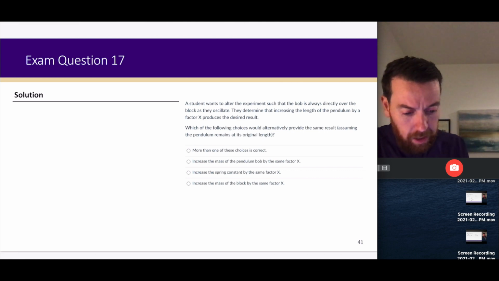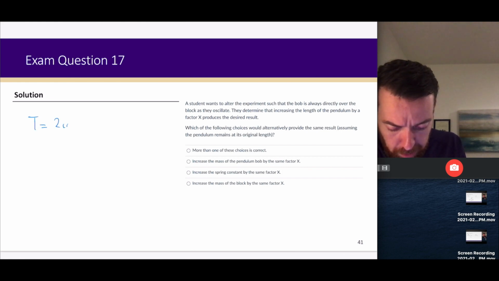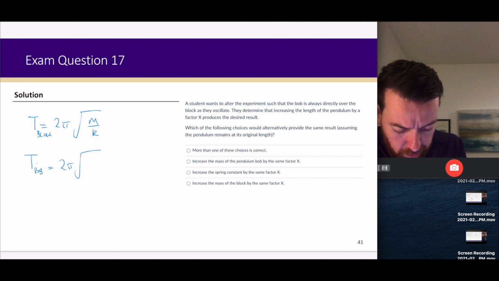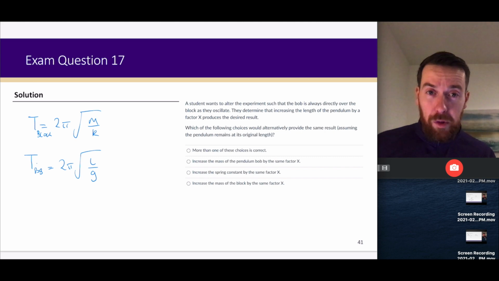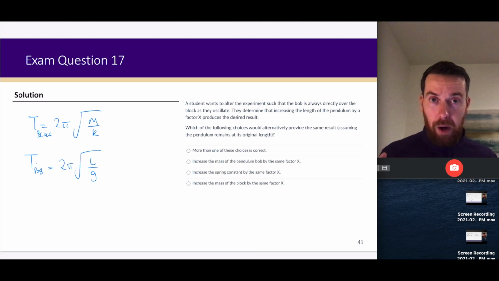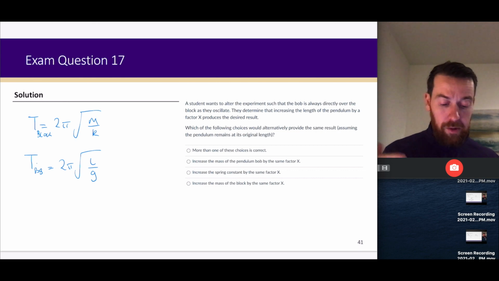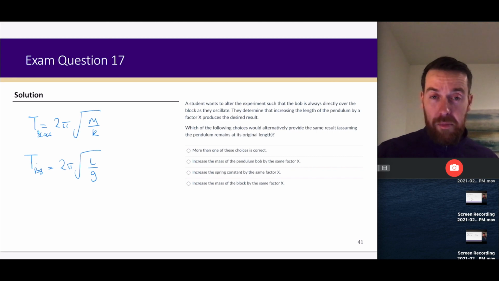So if we think again of the equations, T is equal to 2 pi square root of m over k for the block, and T of the bob is equal to 2 pi square root of l over g. So if we wanted to increase the period of the bob such that it matches that of the block, we could increase l. Now, suppose we want to change the block-spring system such that its period is smaller, to match the smaller period of the pendulum bob without any alteration.